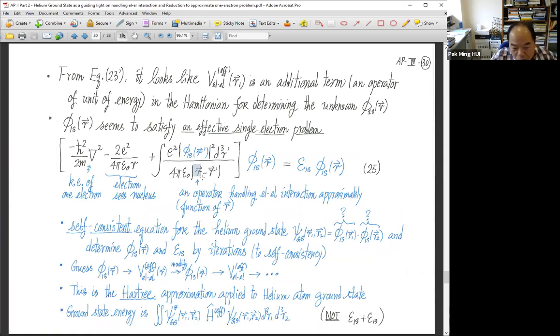This is a function of electron 1. This is the term in the middle, where I integrate over the second electron. Now I call it R prime.